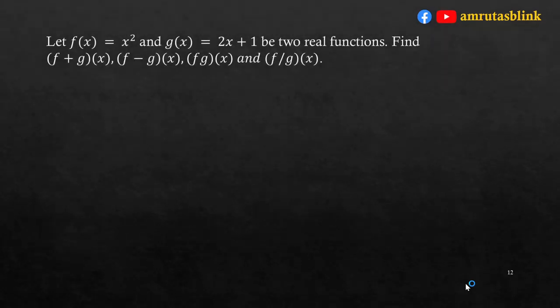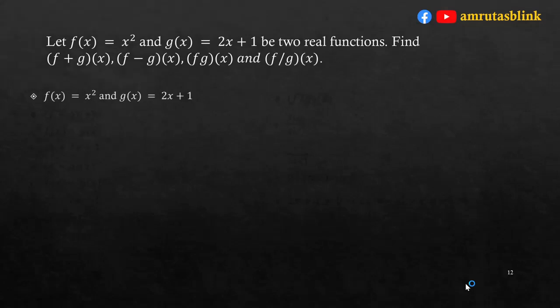Moving to next problem. Let f of x is equal to x square and g of x is equal to 2x plus 1 be two real functions. Find (f plus g) of x, (f minus g) of x, (fg) of x and (f by g) of x.